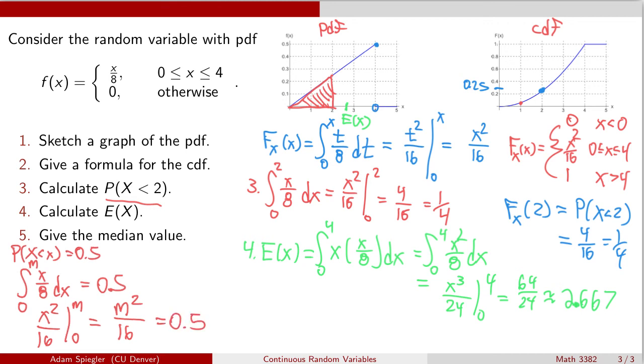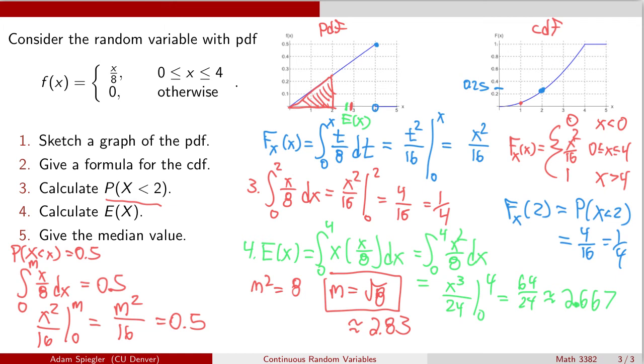And then solving for m would give us m squared is equal to 16 times 1/2, which is 8. Therefore, m is equal to the square root of 8. Since you might not think about values in terms of square roots, this is approximately 2.83. So that would be just a little bit further over here.